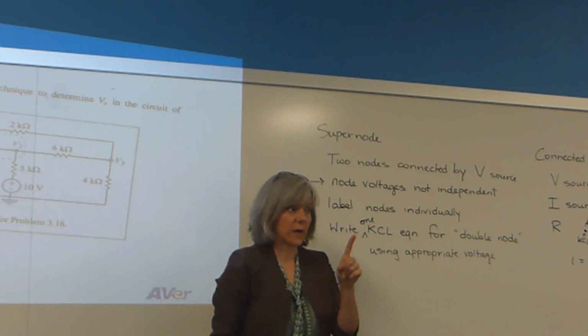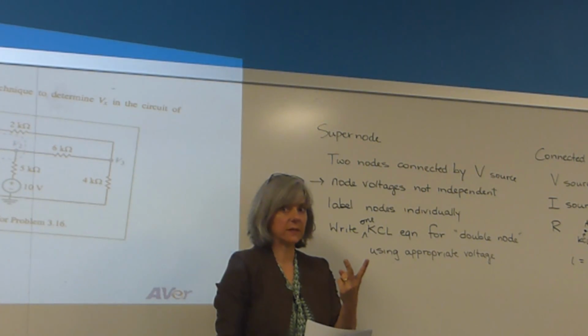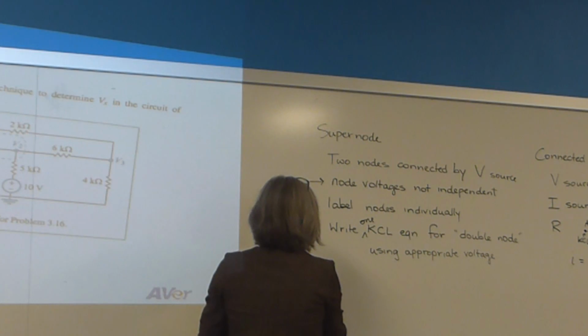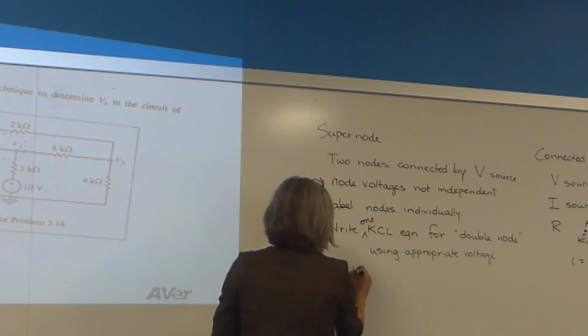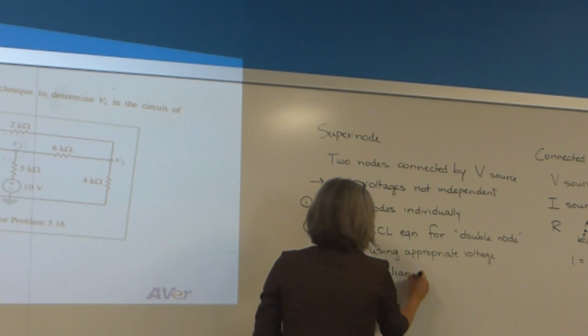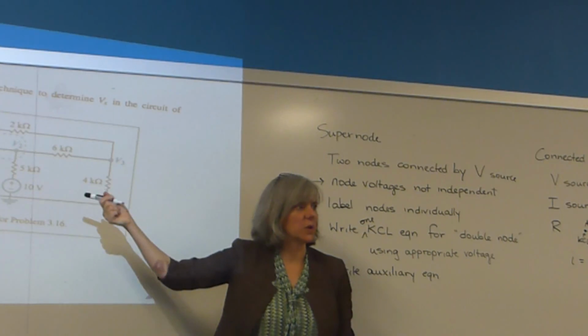That means we're going to have one equation and two unknowns. We have a problem, right? That's not enough to solve it. So what we're also going to write is what I call an auxiliary equation that shows the dependence of the two nodes.